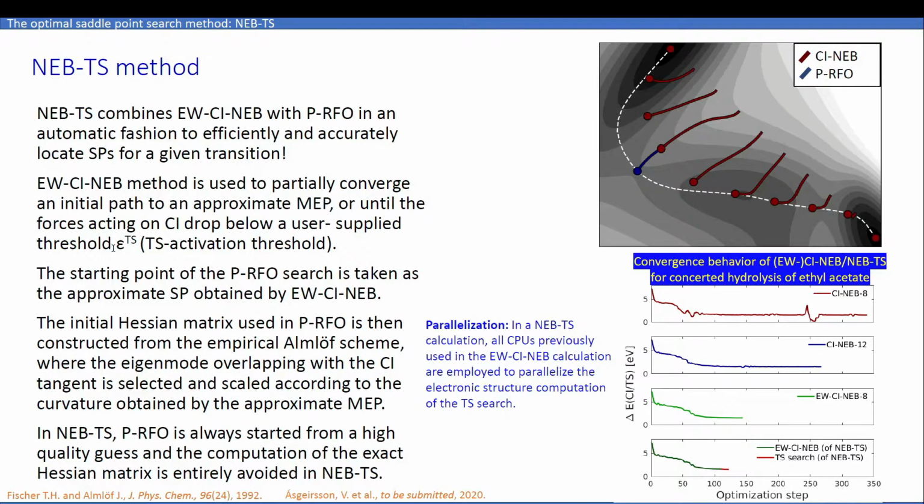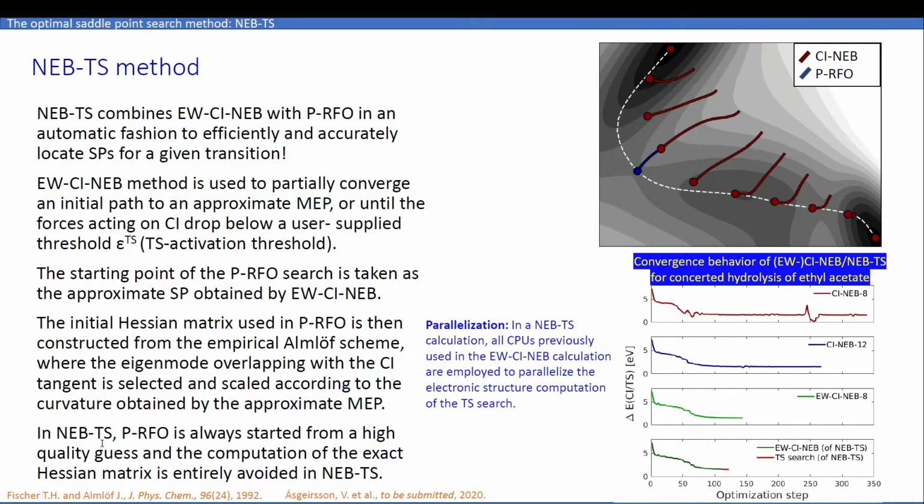The location of the clamping image at the approximate minimum energy path is automatically taken and used to provide a high-quality starting configuration for the subsequent TS search. The initial Hessian matrix used in the PRFO or the TS search is constructed from the Almlöf model Hessian, and the eigenmode overlapping with the clamping image tangent is selected to be the reaction coordinate, and the curvature of the mode is scaled according to the curvature computed from the partially converged minimum energy path.